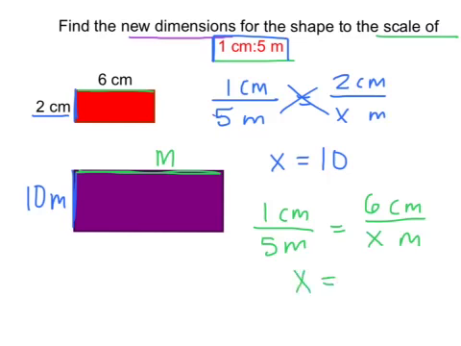X equals 5 times 6, 30. So 30 meters. The dimensions of our purple rectangle are 10 by 30 meters.